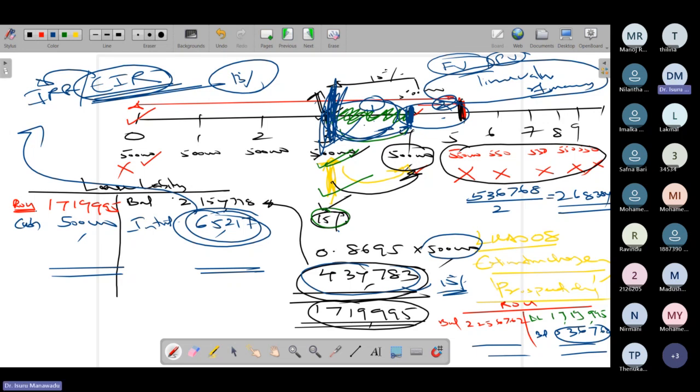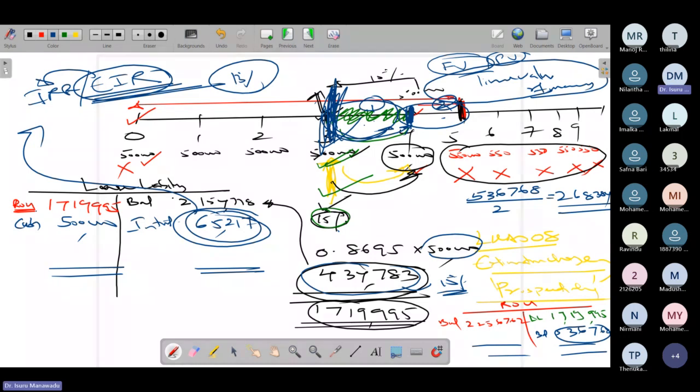When we apply future value and present value, we need to recognize interest based on capital outstanding. So that's what contractual cash flow characteristics means.